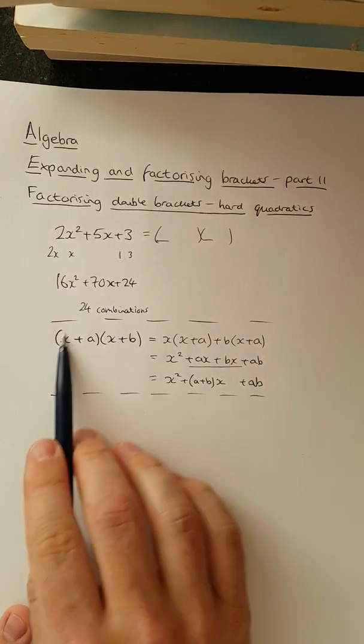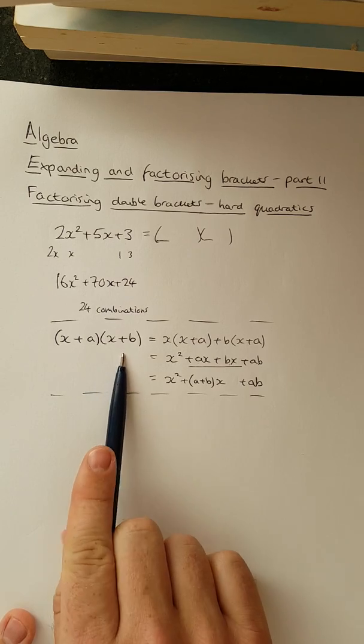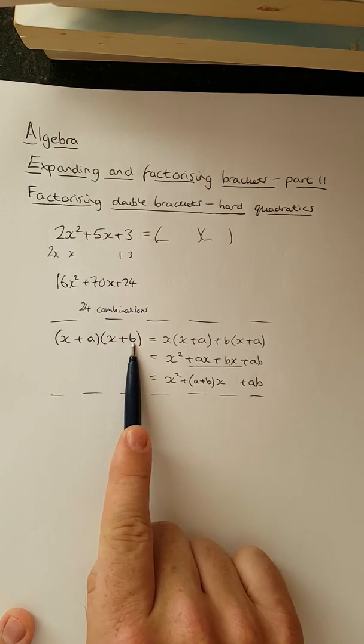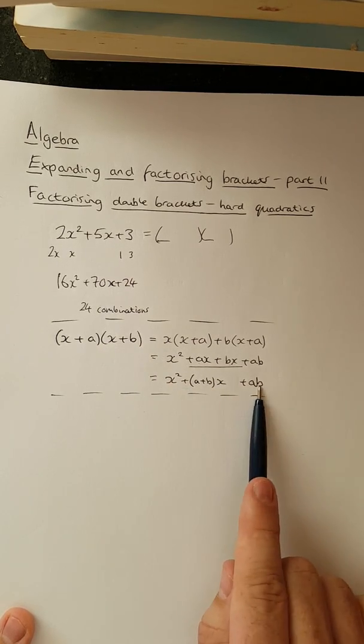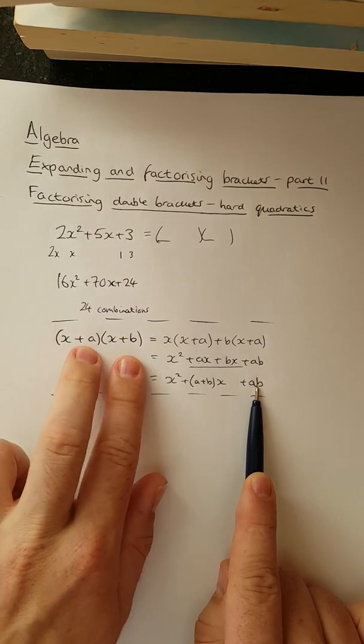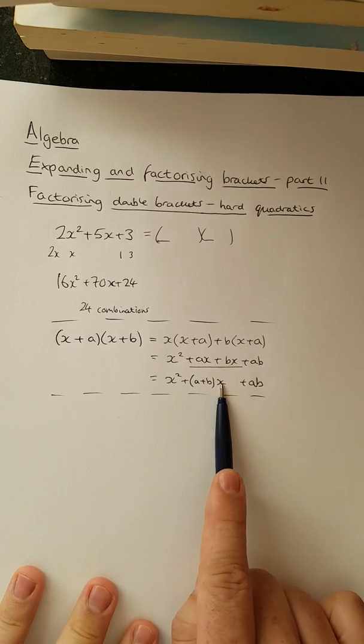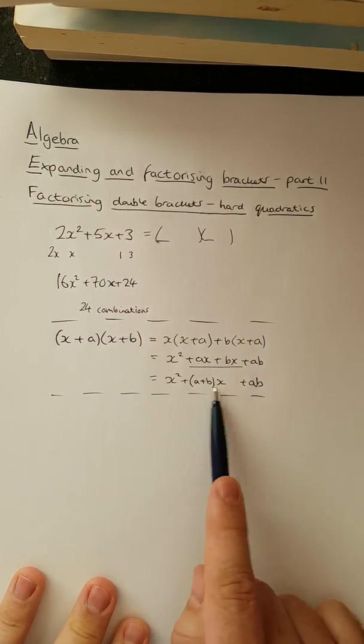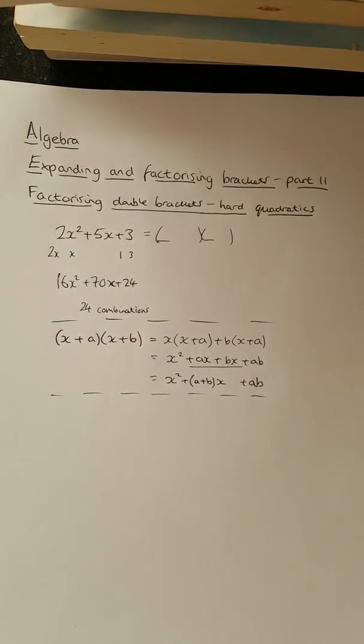So, look at what we started with. If I have a and b here, look at this. The number on the end is where I multiply them, which we know already, and the x term is where I add the numbers on the end, which we know already.